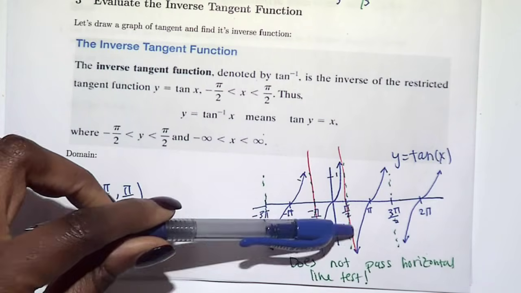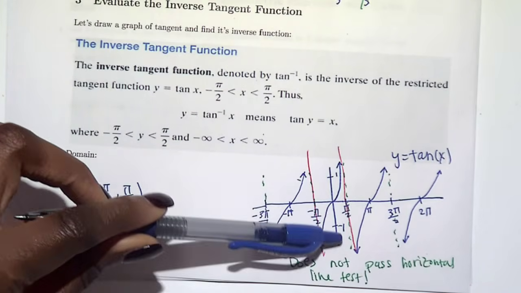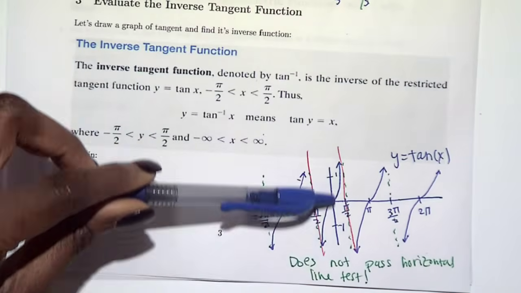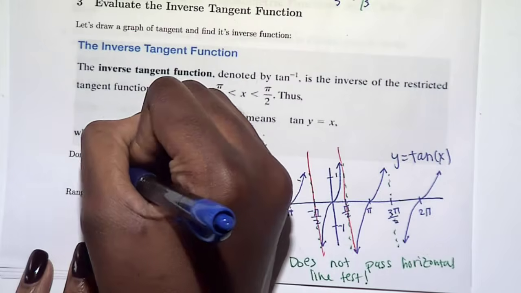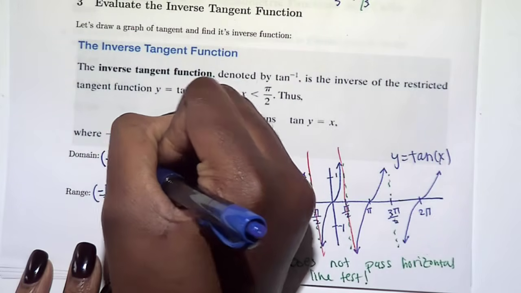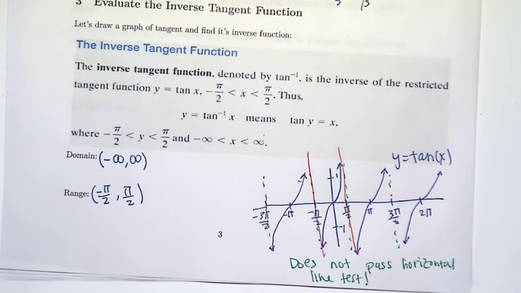And so notice the range of our tangent goes from positive infinity to negative infinity, or the reverse. So that's going to be the domain. So the domain of our tangent inverse is negative infinity to positive infinity. So this one is a little different than the others, but that's okay. We can still work through this.